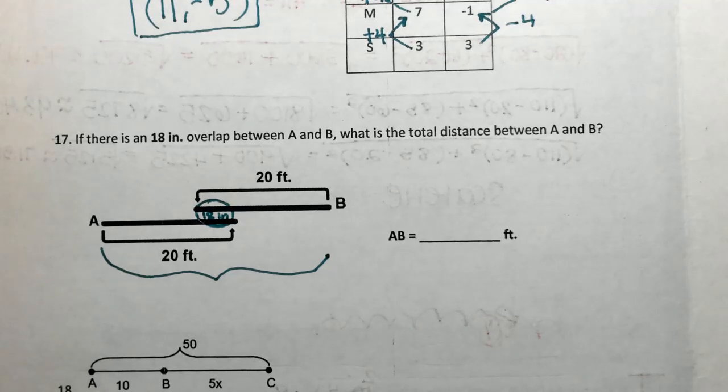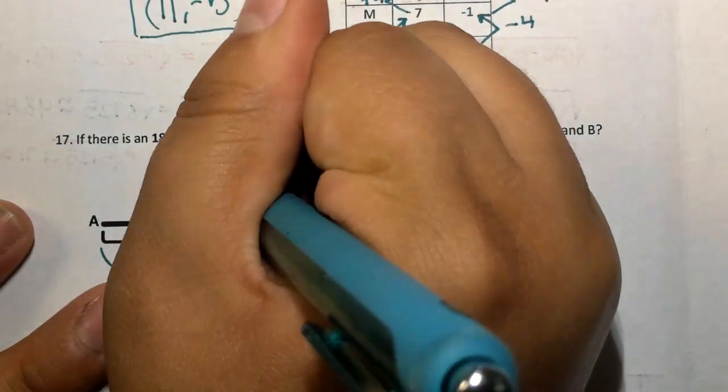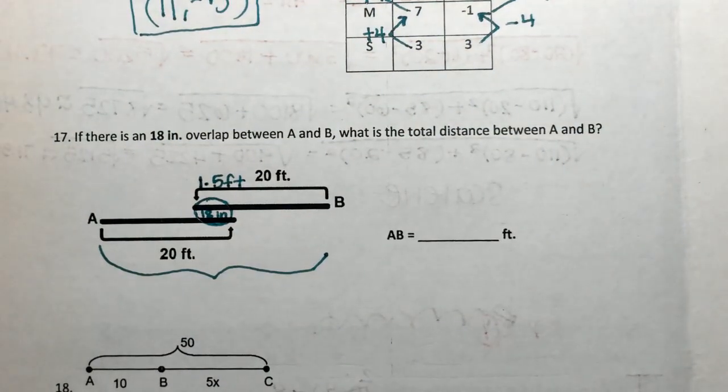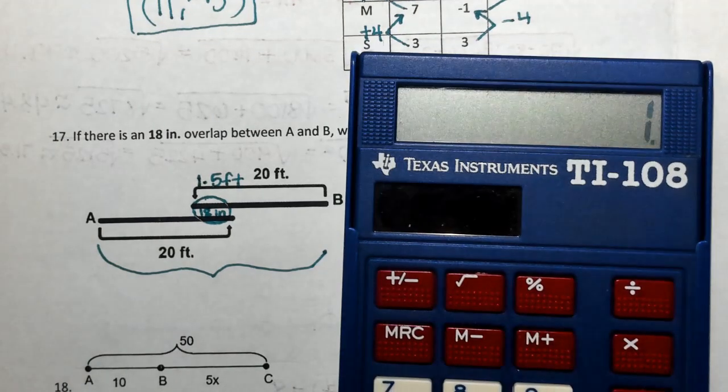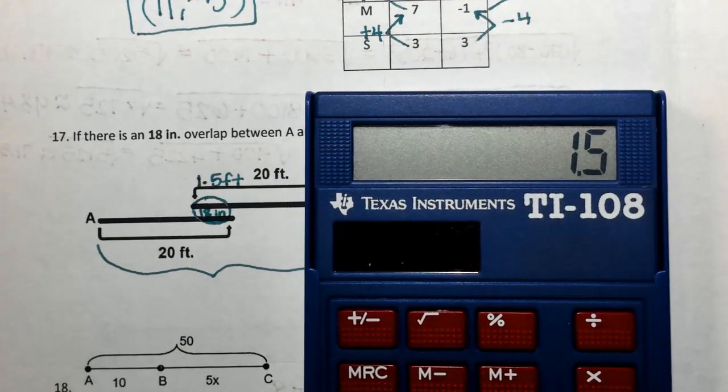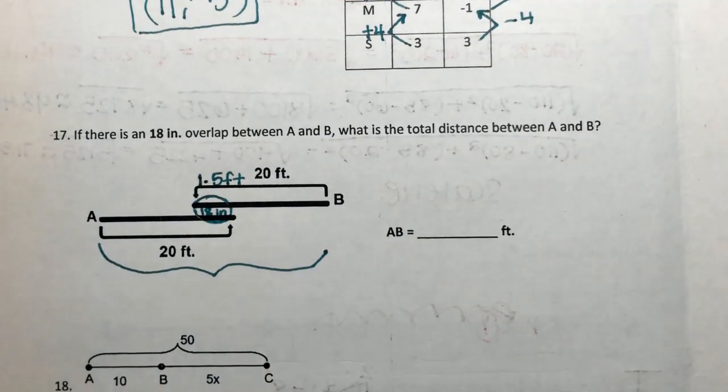How'd you get that? Because 18 inches is 1.5 feet. How'd you get that? Because 12 inches is 1 foot. So 18 divided by 12 is 1.5. So overlapping is 1.5 feet.